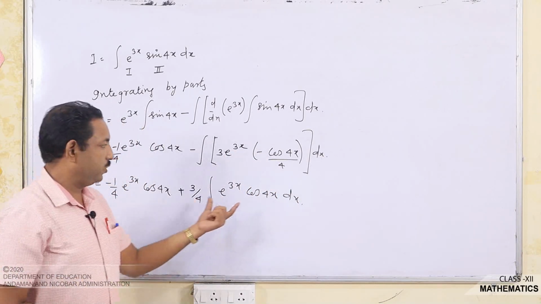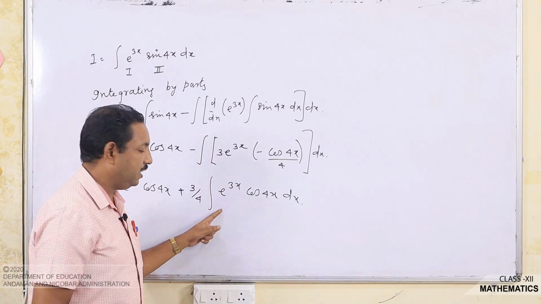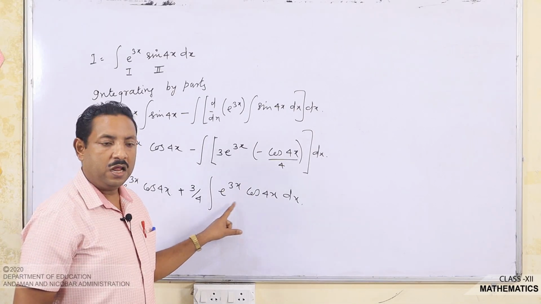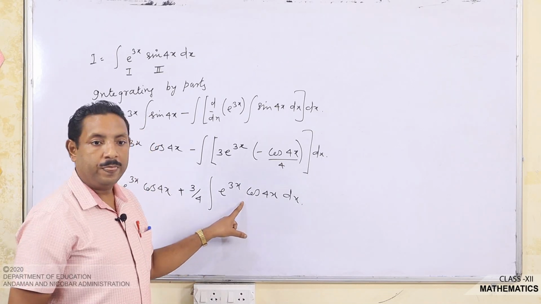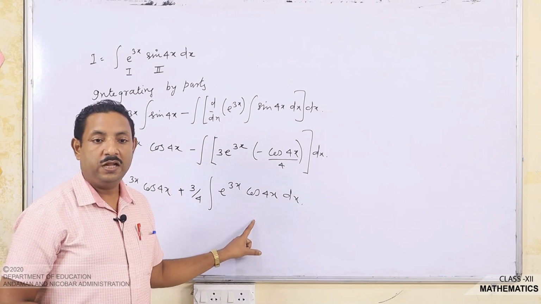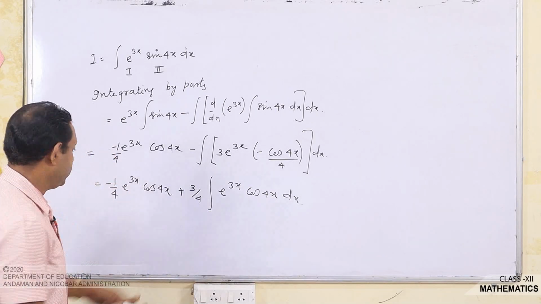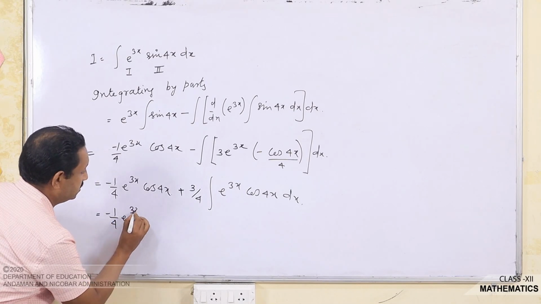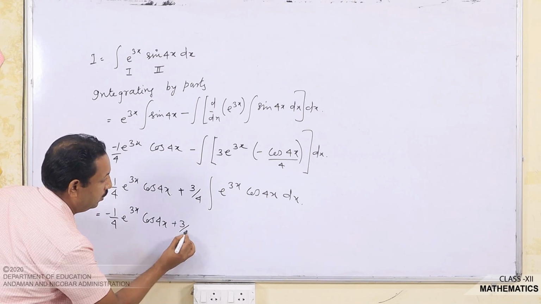Now dear students, you can look here very carefully that e power 3x cos 4x is again the product of exponential function and the trigonometric function. So we have to integrate it again by using integration by parts method. Now let us do once again, that is 1 by 4 e power 3x cos 4x plus 3 by 4.